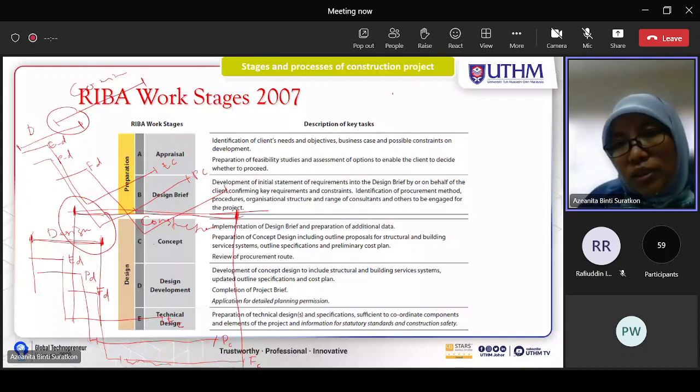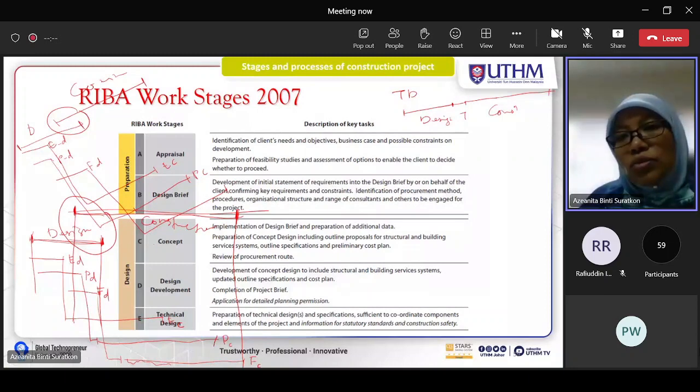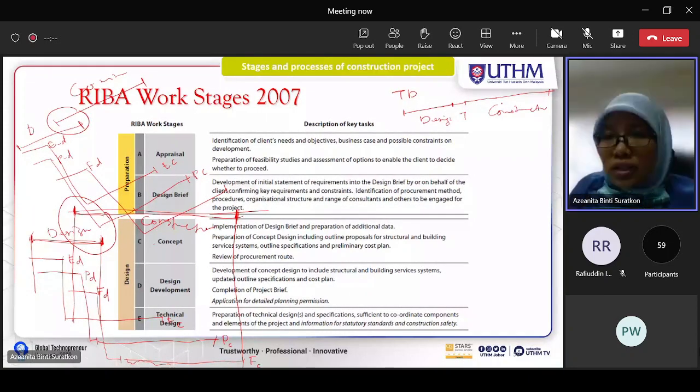When we talk about traditional, this is the overall design. So this is design, and then tender here, and then construction here. So this is traditional. It takes longer to complete compared to DB, for example.